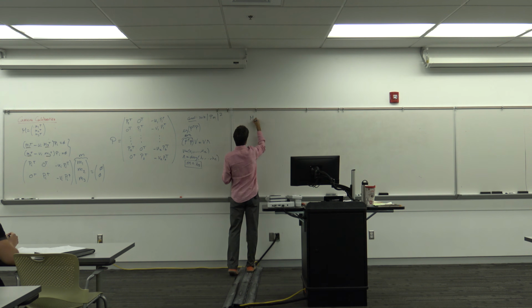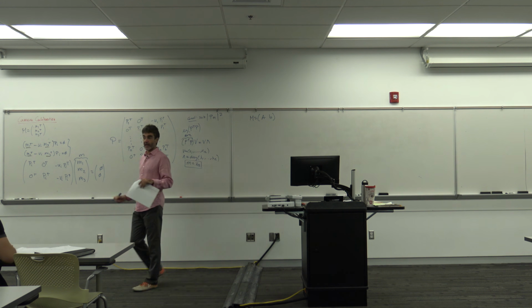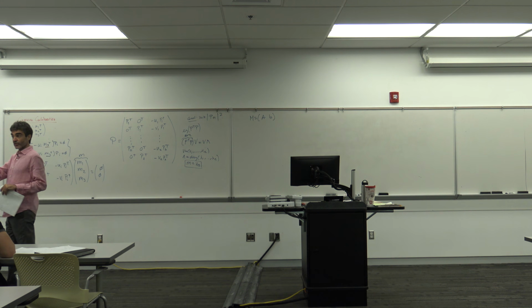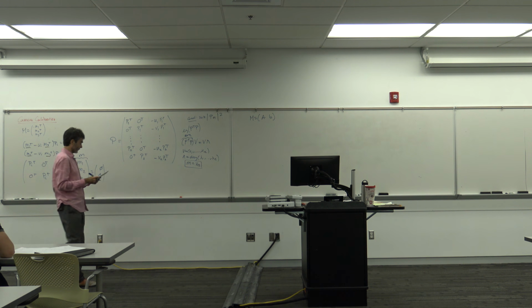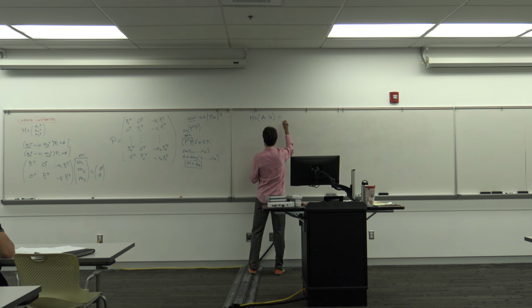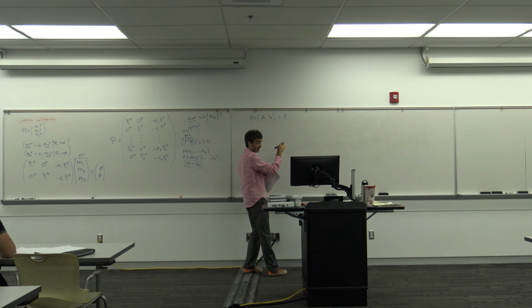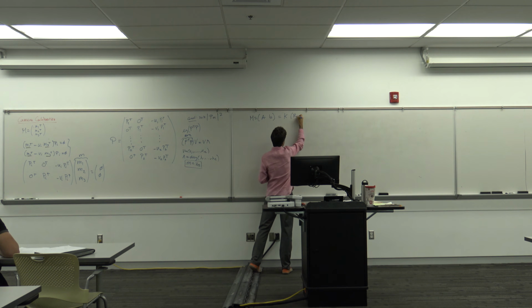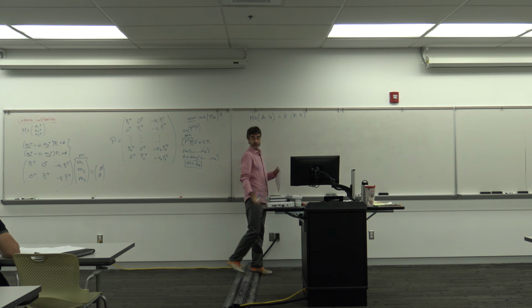So remember that our projection matrix M is nothing else than a matrix A, that's a transformation, right? And a vector B, which is a translation, right? And in our case, we show that this is equal to K, the matrix of intrinsic parameters, times the extrinsic parameters that include a rotation and a translation from the world coordinate system to the camera coordinate system, right?